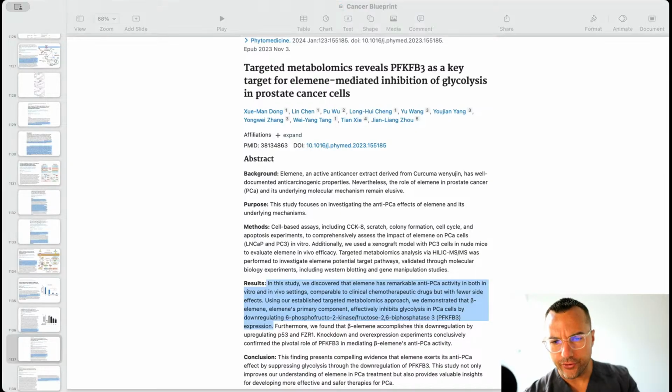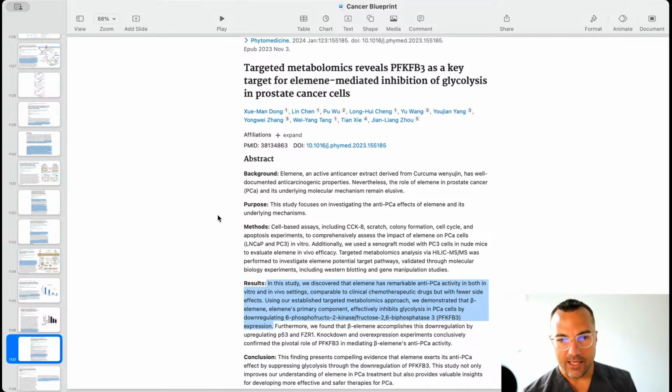So what about natural things? Well, there's a couple things that I was able to find. One of which is this L-amine. This paper was published in January of 2024, and it's titled Targeted Metabolomics Reveal PFKFB3 is a key target for L-amine mediated inhibition of glycolysis in prostate cancer cells.